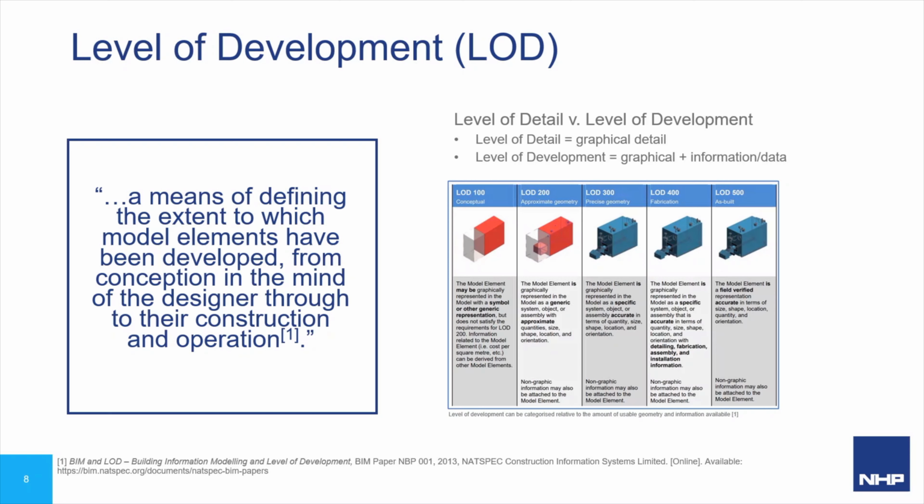In Australia, BIM level of development is categorized as follows: LOD 100, 200, 300, 400, and 500. The table on screen describing the difference between each. There is also an intermediate value LOD 350, which we will not go into detail about, but naturally would fit between LOD 300 and 400.